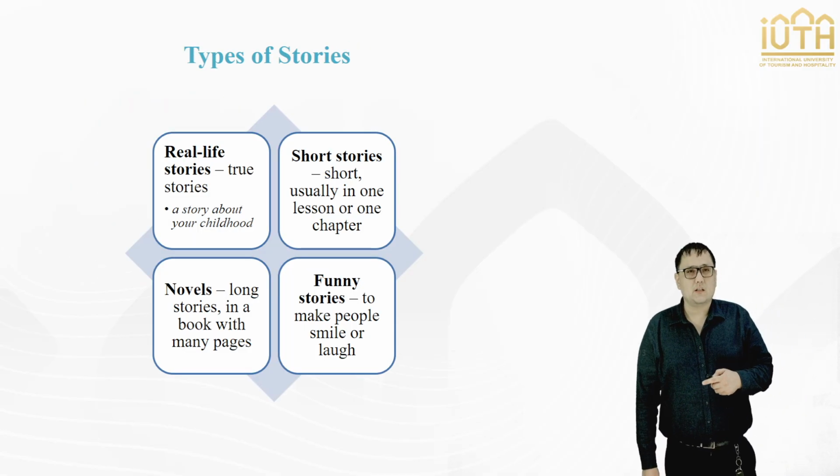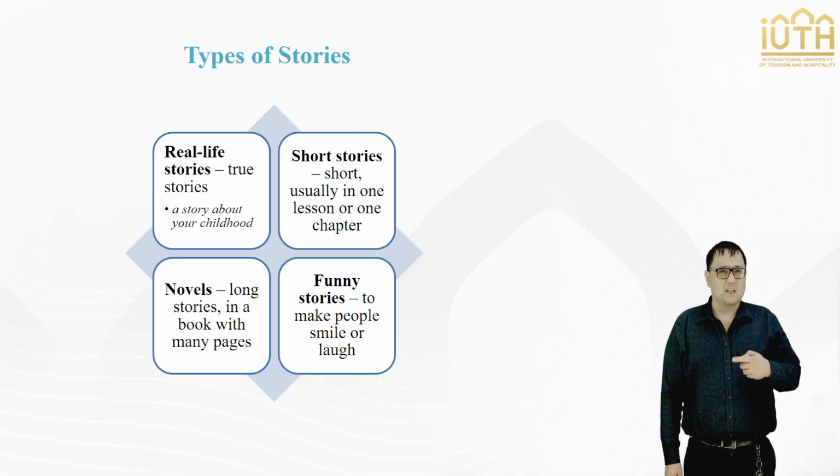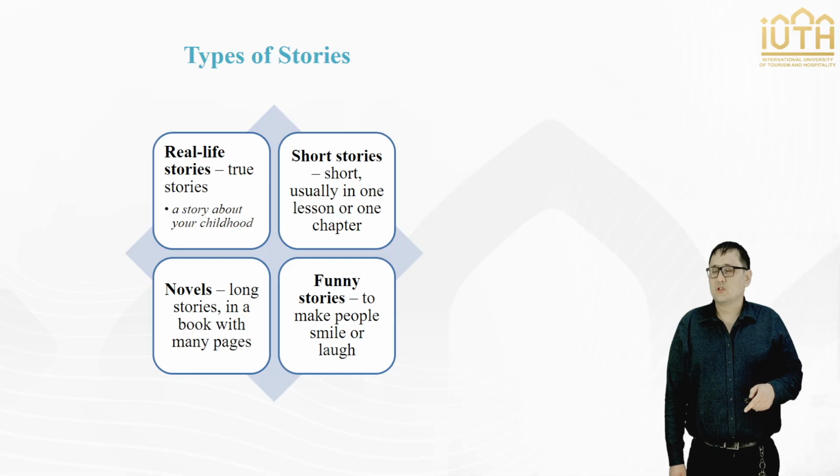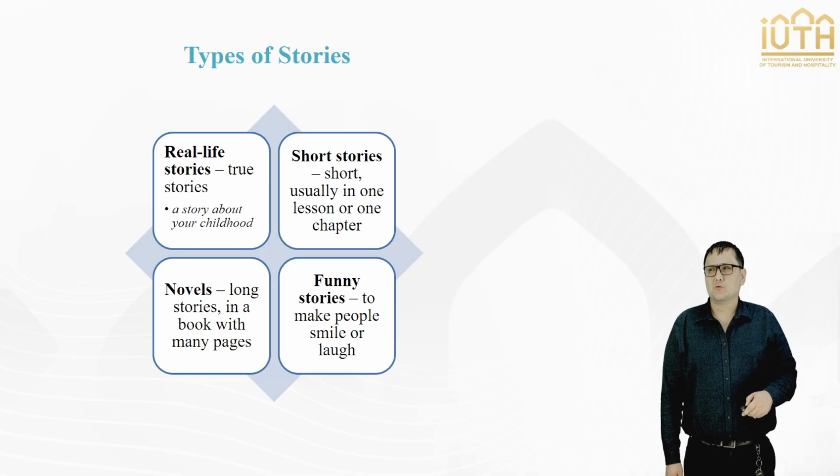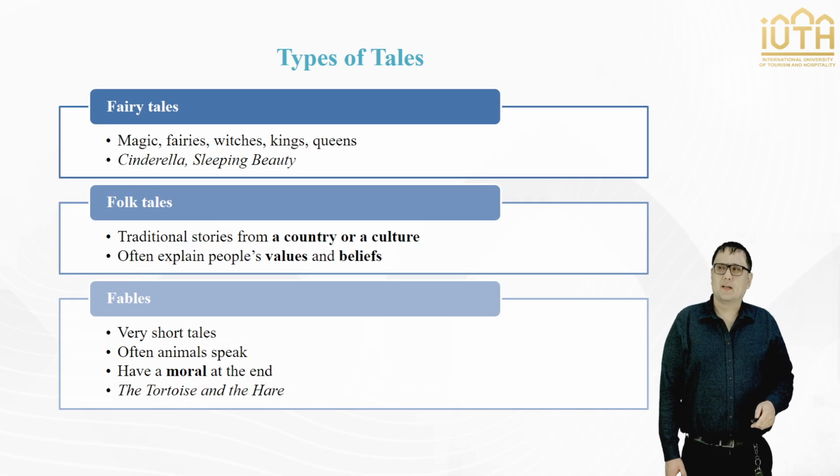So here we have given you the types of stories. The first one, real life stories, true stories. Short stories, short, usually in one lesson or one chapter. Novels, long stories in a book with many pages. Funny stories to make people smile or laugh. So, types of tales.